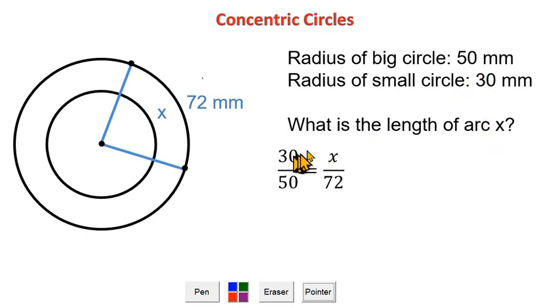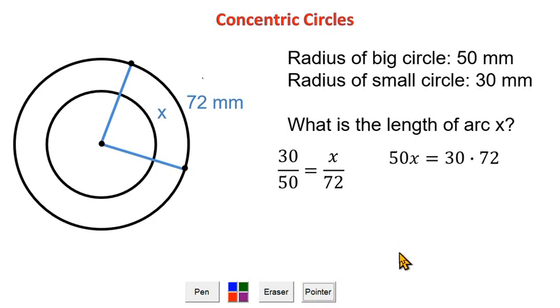I know that 30 to 50 is proportional to X over 72. 30 came from my small circle, 50 came from my big circle, and on this ratio, X came from my small circle, and 72 came from my big circle. So you can set every one of these concentric circles type problems up as a proportion, and then we're going to go through the same process we did before.